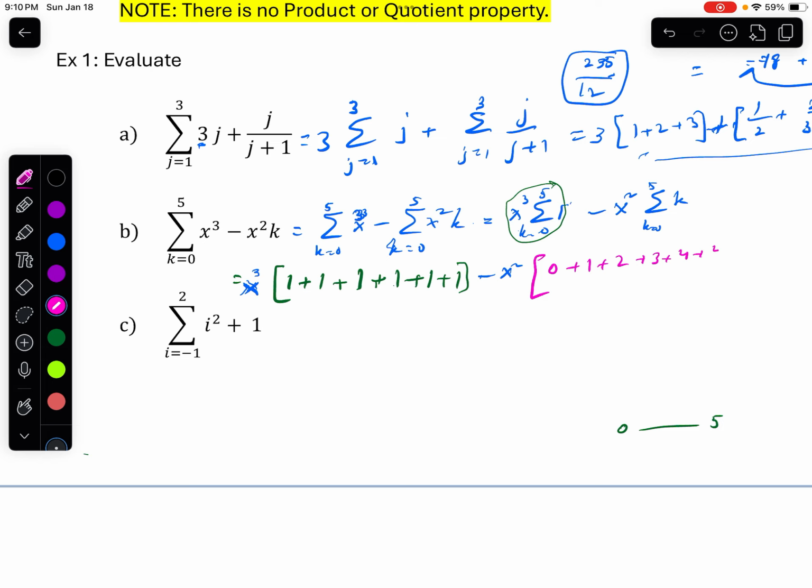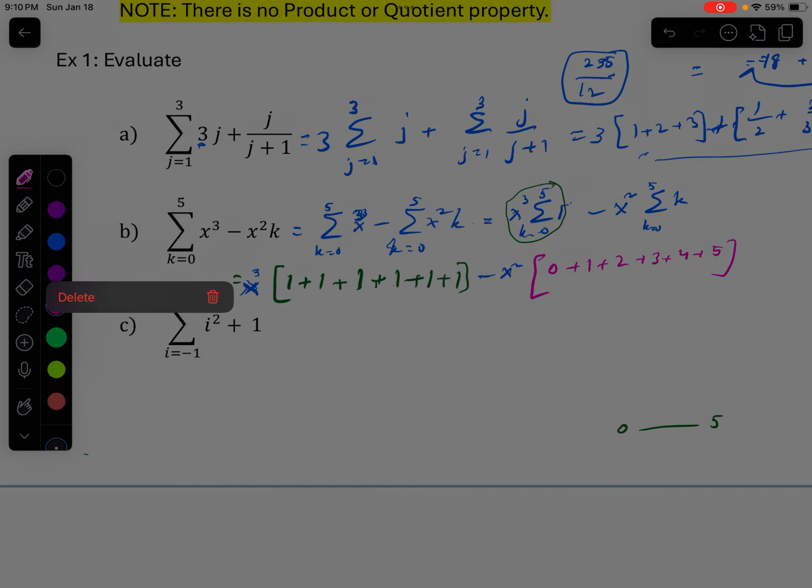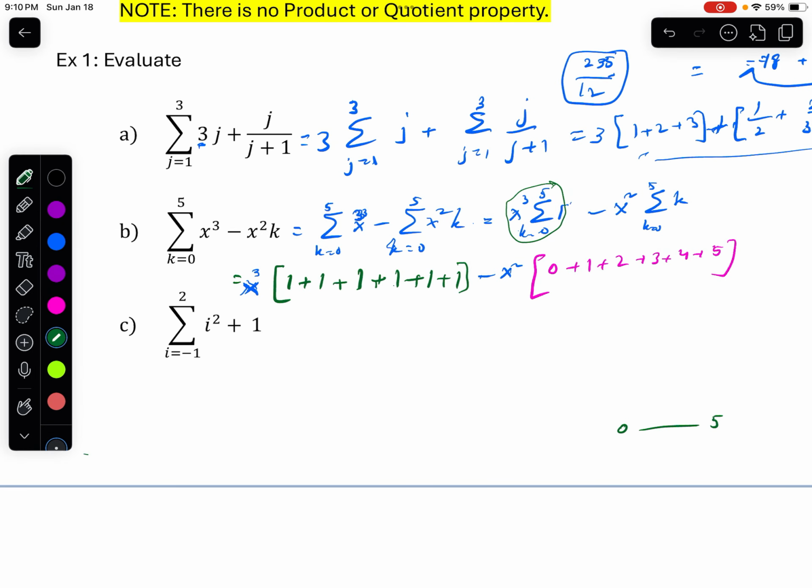Again, note here, these are also 6 values, 6 terms. So what does this give me? The first one I get 5x cubed, and then minus, this is giving me 5 plus 5, 15 x squared. That's what we get.